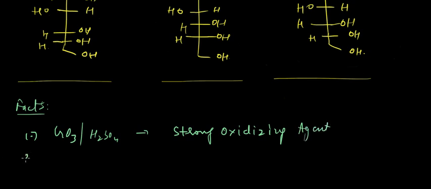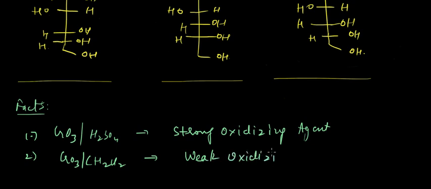And secondly, CrO3 and CH2Cl2 is a weak oxidizing agent. So just a difference of the solvent in which CrO3 is placed gives a different nature of the same compound.